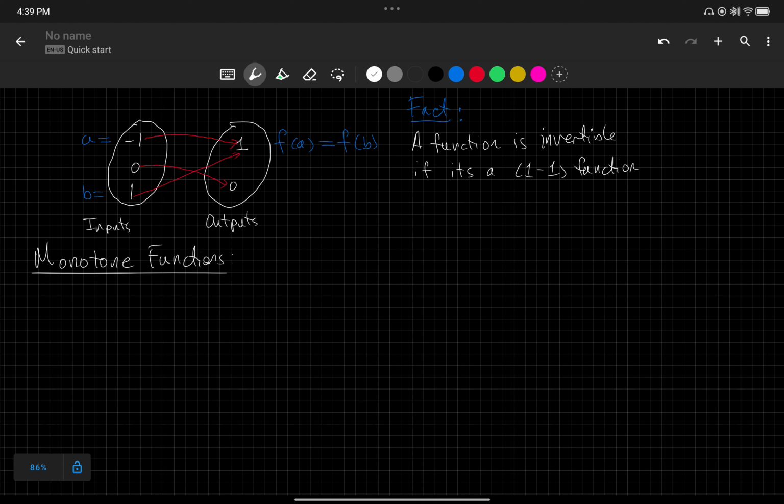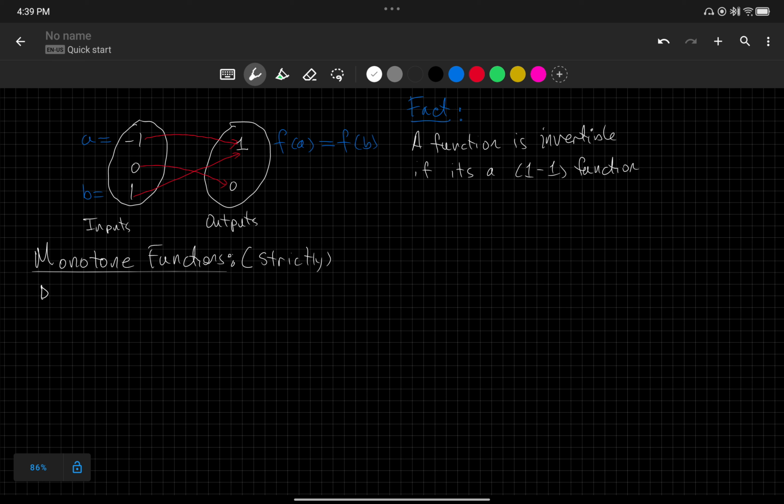Okay, so what is a monotone function? A lot of times we emphasize this by saying strictly monotone.